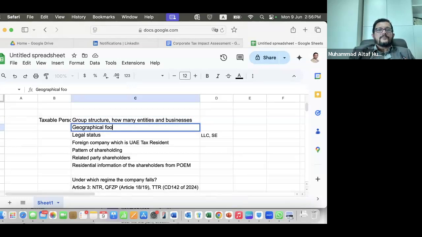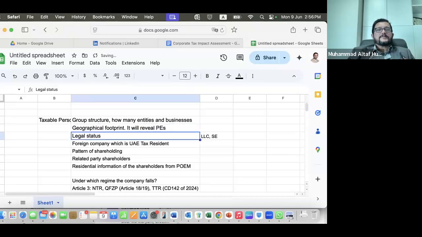Geographical footprint. Why? Because it will reveal PEs, permanent establishments. Maybe they are doing business somewhere, correct?